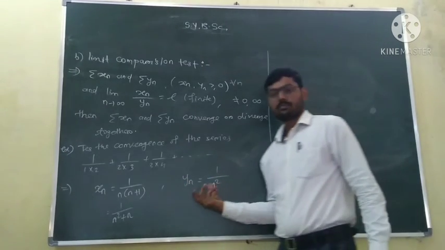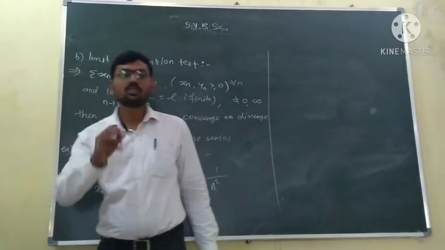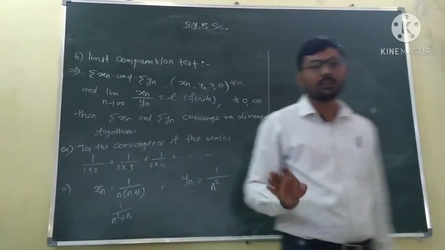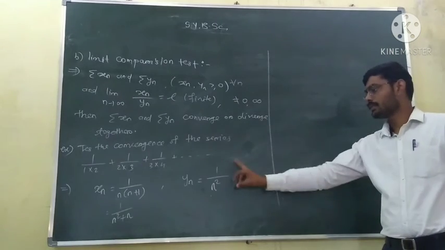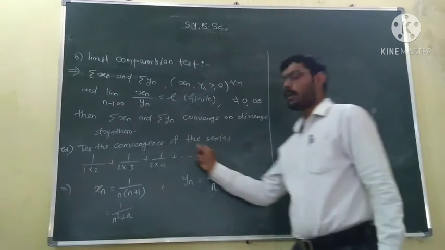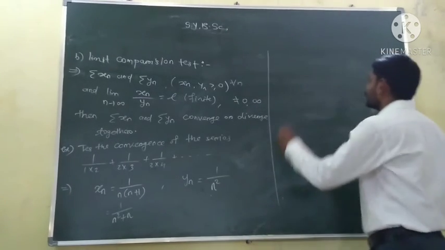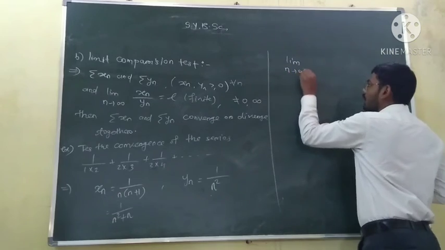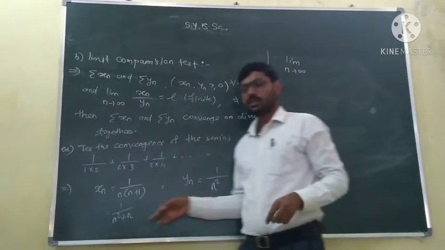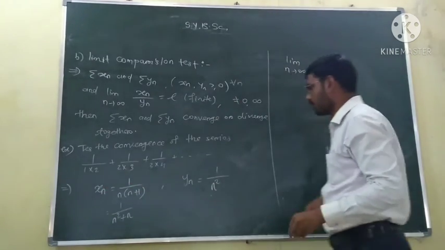This is one method to choose the series yn. Okay, you can choose the series yn by observation also, but this is one of the methods to choose it. Now we will calculate the limit of the ratio xn upon yn.